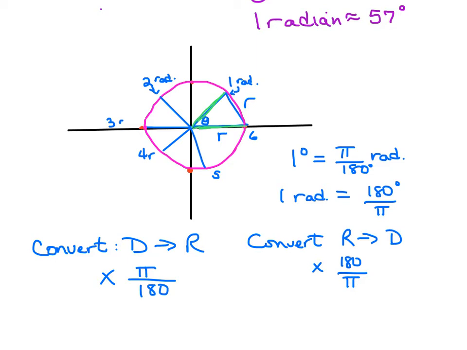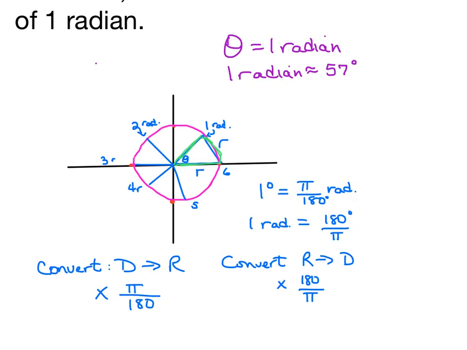Now, in order to measure an angle and have a measurement of 1 radian, the arc length also has to have a measurement of r, or the same as the radius. So what you need to know is theta here, when all the sides are proportional and the arc length, they all have a measurement of r, it's equivalent to 1 radian.